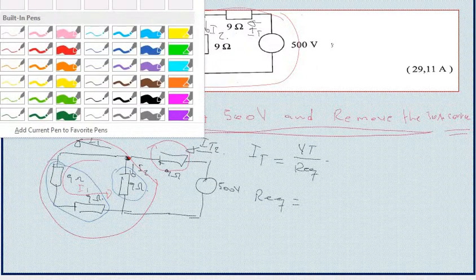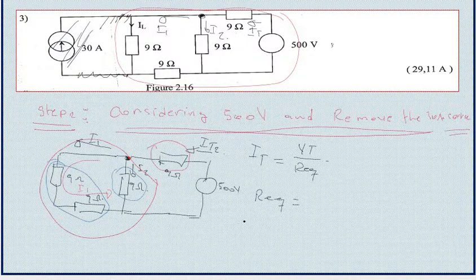So now what's gonna be the equivalent resistance? The equivalent resistance will be equal to, so we have these two resistors that are in series. So we have the first resistance, which is 9. Since they are in series, we are going to add them. So we take that resistance plus that one.